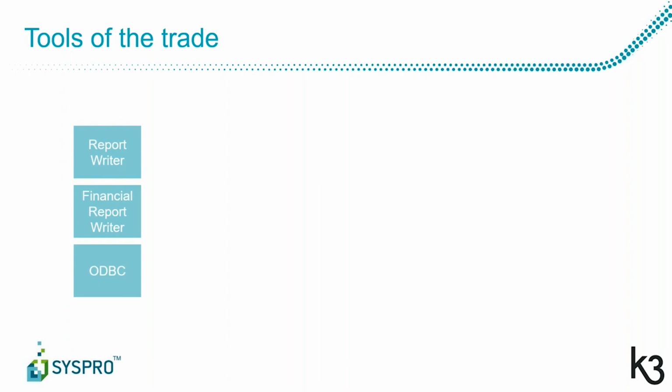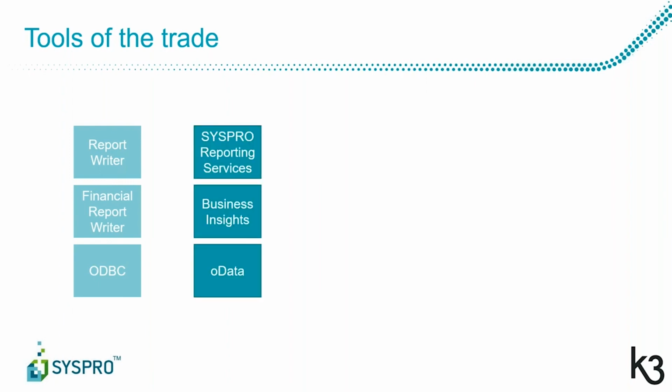Then came SYSPRO 6.1, and SYSPRO expanded and really enriched the reporting space with the introduction of SYSPRO reporting services. With SYSPRO 7 and 8, we have the introduction of business insights that now start driving user behavior right within the product itself. And you've got OData, which is the newest release available in SYSPRO 8. That's not necessarily a reporting tool, but a great way to extract some data out.